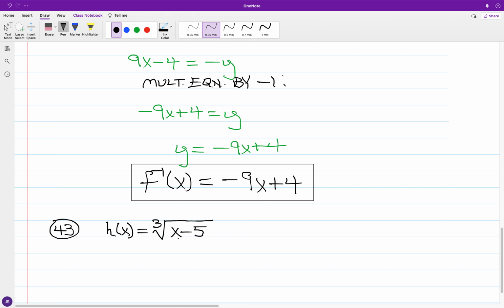And for what we have in this particular case, h of x is equal to the cubic root of x minus 5.